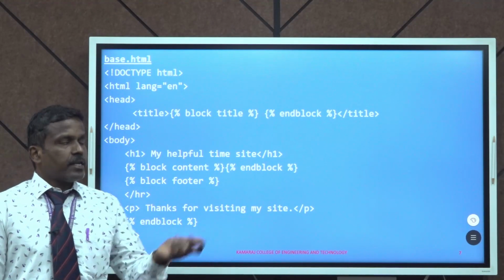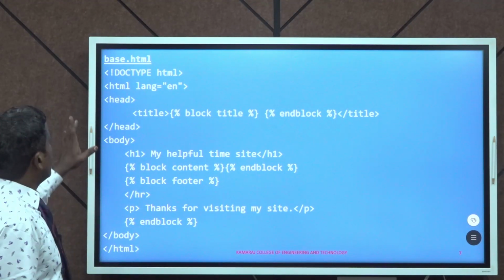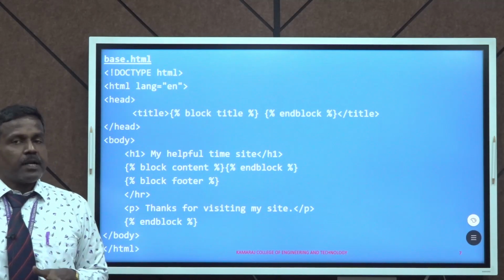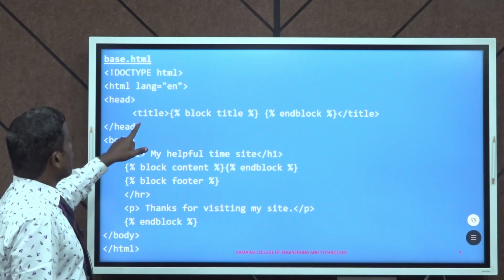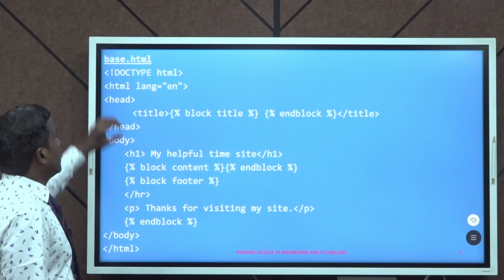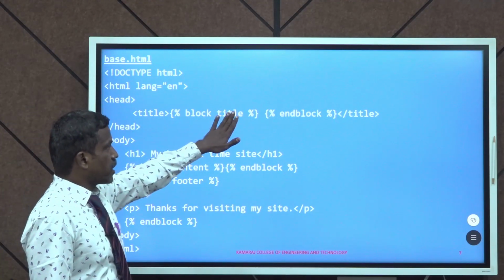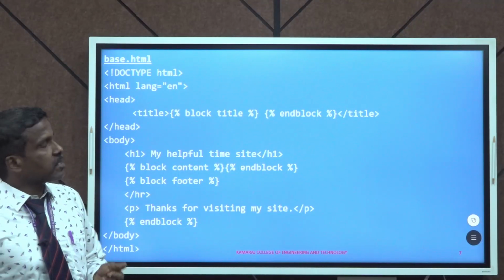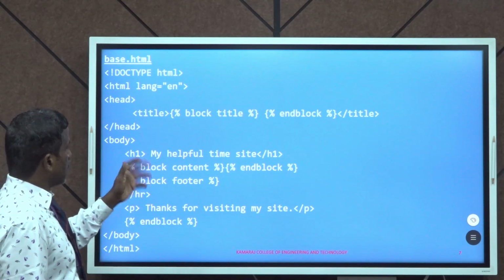Now, we will get into an example. It is a template for an HTML file. Here we provide a head part and a body part. In the head part we provide the block title. It is based on the content, and it will be dynamically updated.